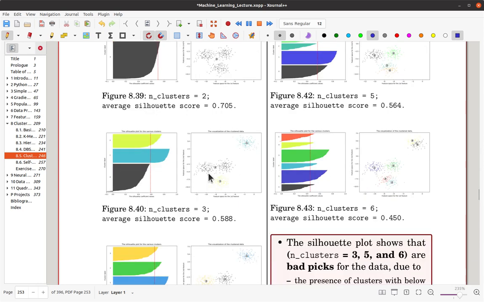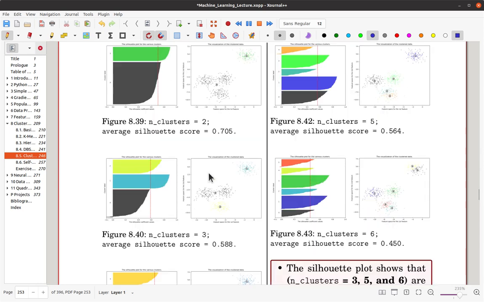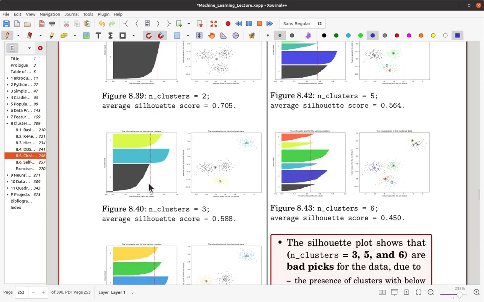In the beginning, for that one, the silhouette scores are lower than average. The red vertical line in each figure indicates the average silhouette score. So for that one, this is way smaller, which means the clustering is bad.